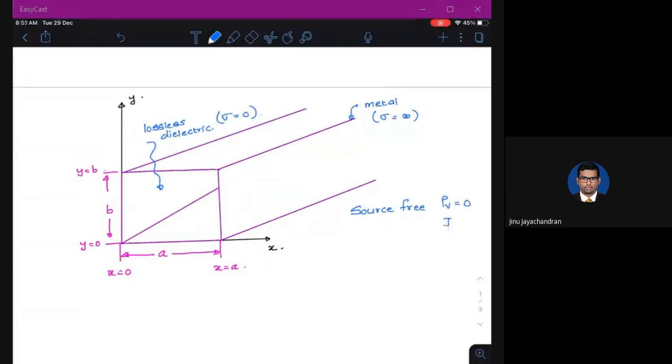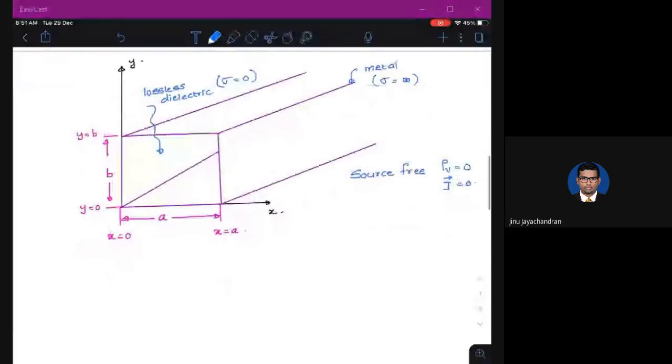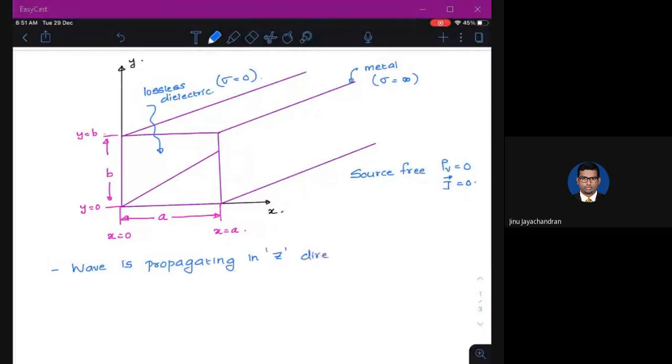And there is no free current, meaning the J value is 0. The wave is propagating in the Z direction, in the positive direction.